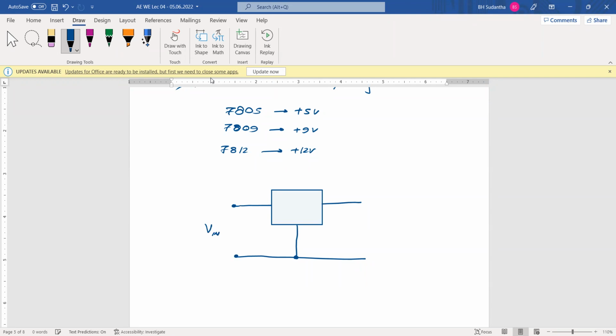This is the input, and this is the output terminal. This is 0 volts. This is the positive voltage we have to give. And on this one, a fixed 5 volts output is there. These are pin numbers 1, 2, and 3.